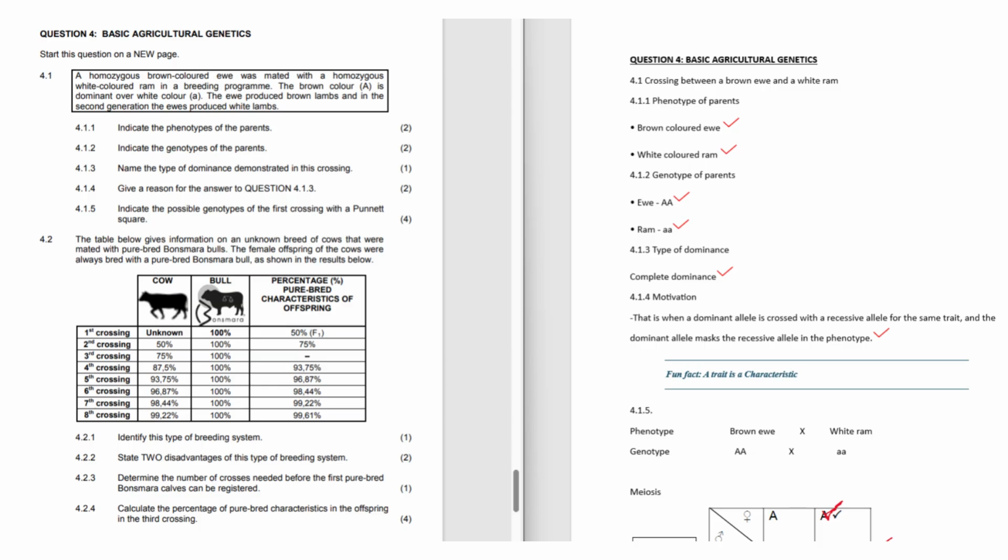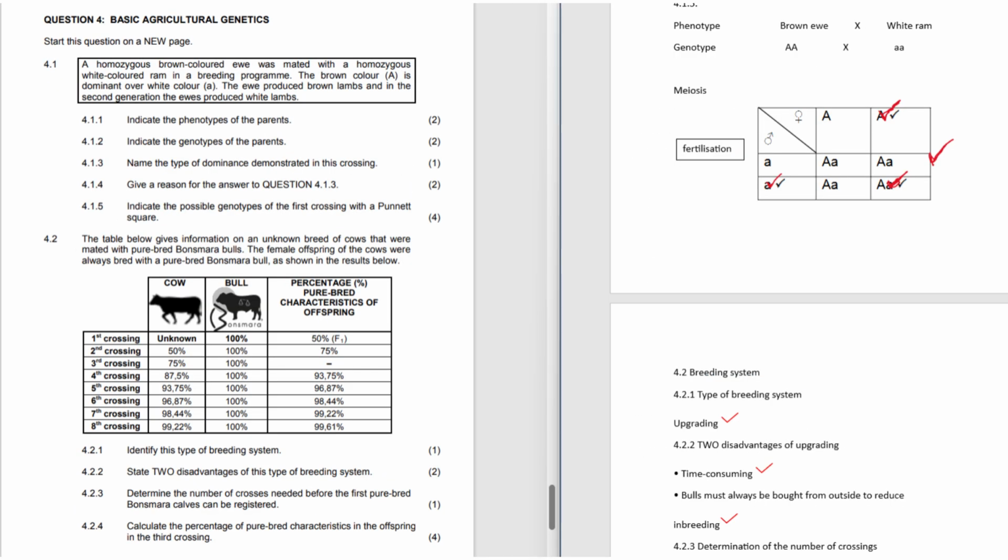With life sciences, they want you to show step-by-step crossing: your parents, black crossed with white, the genotype of the one parent and the genotype of the other parent.